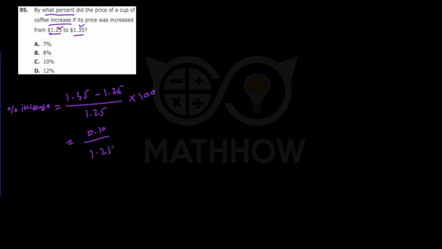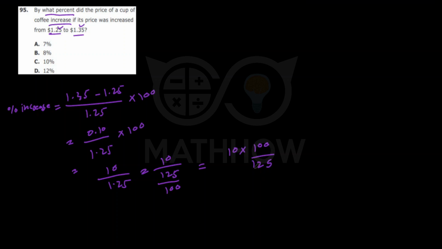0.10 divided by 1.25 multiplied by 100. Multiplying 0.1 with 100, this will become 10 divided by 1.25. Converting the decimal number into a fraction, this will become 125 over 100, or 10 multiplied with 100 divided by 125.